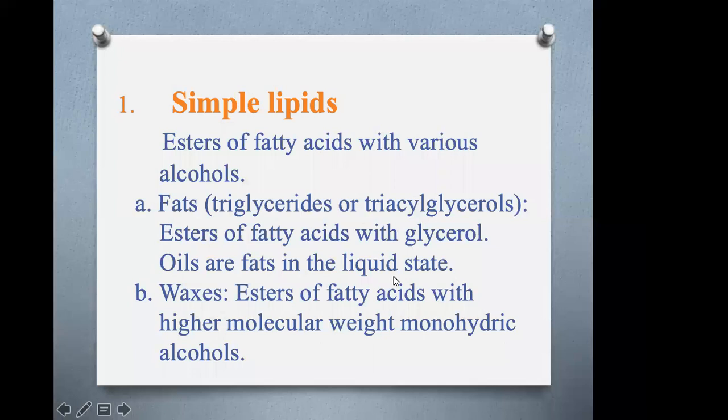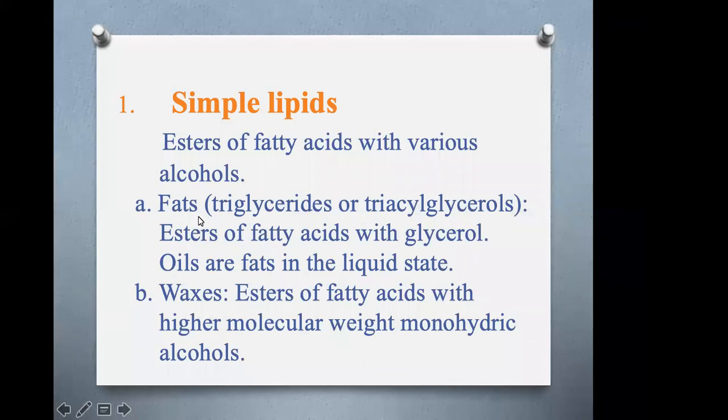Now, simple lipid. Esters of fatty acid with various alcohols. Simple lipid is fatty acid plus alcohol, and its esteric form is called simple lipid.